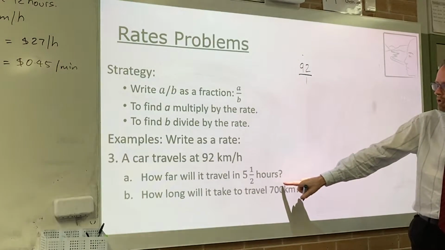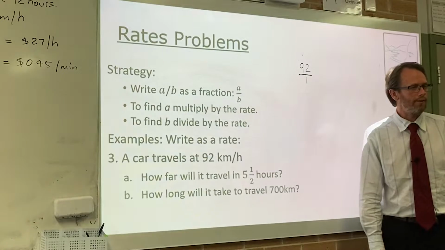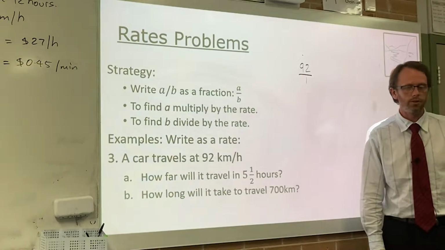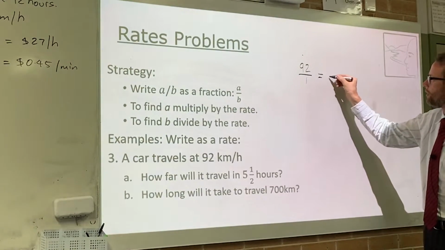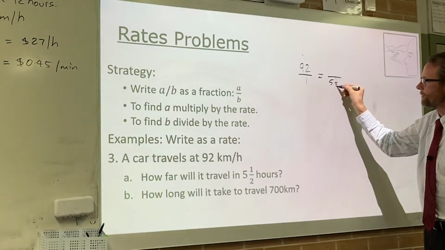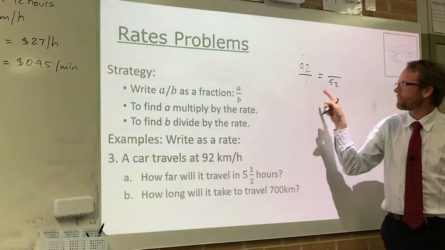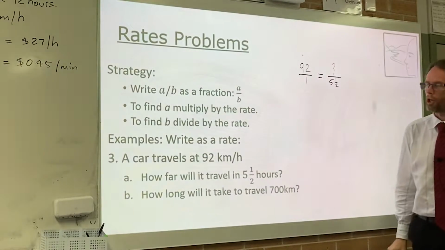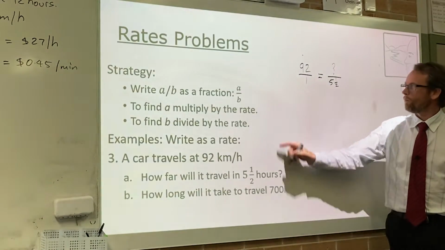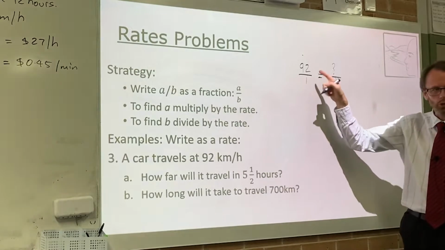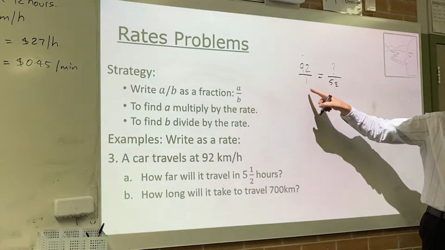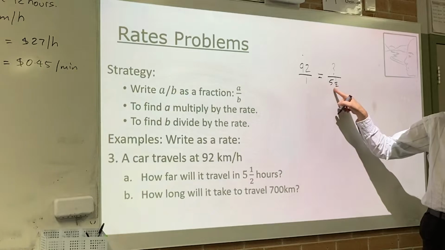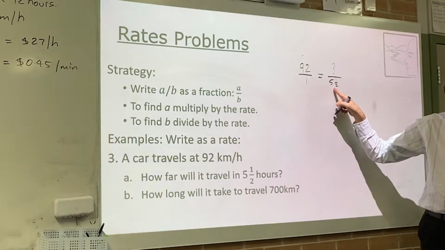How far will it travel in 5.5 hours? Well, if you have a look, the bottom is going to be 5.5, and we've got to work out the top. If we multiply, and we're going to have an equivalent fraction, if we multiply 1 by 5.5, we get 5.5.